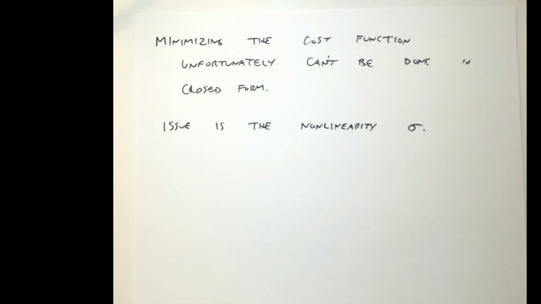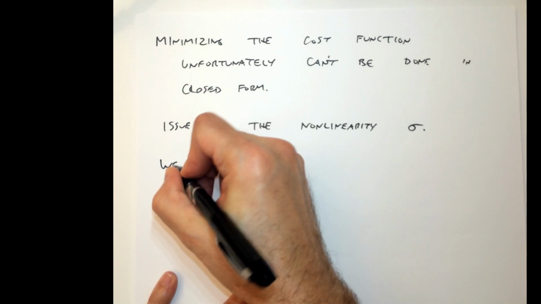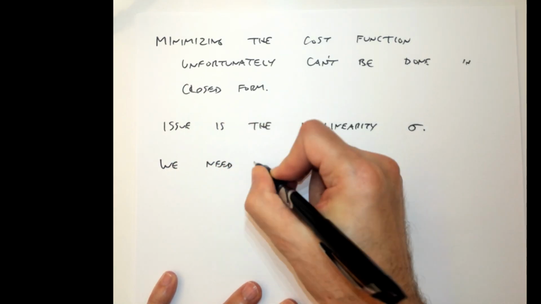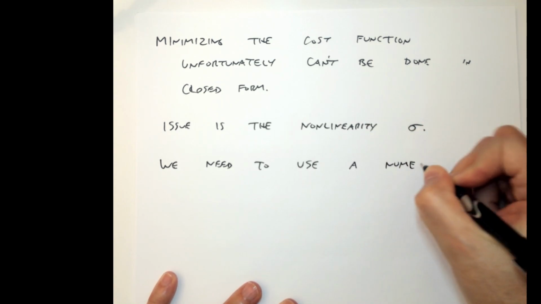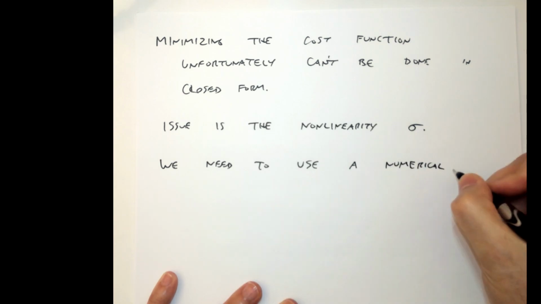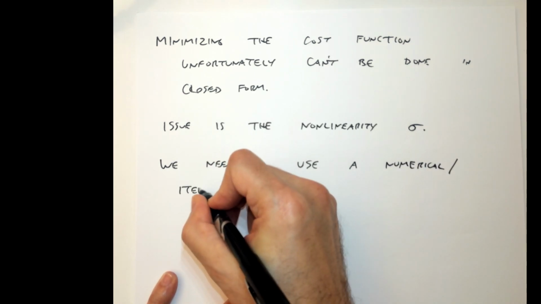And so what can I do? Well, what I can do is what I talked about a couple of lectures ago, which is gradient descent, right? So when I have a cost function that I can't optimize directly, I can try to solve it numerically, right? So we need to use a numerical algorithm like gradient descent.